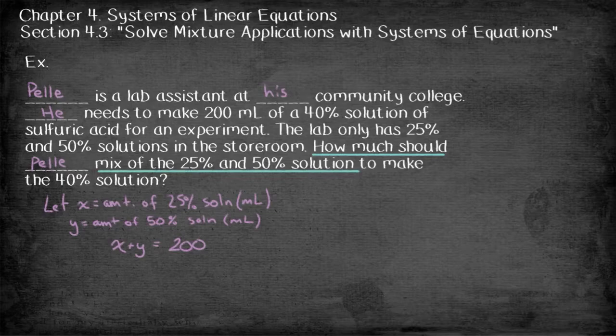But we need a second equation, and if we think for a little bit, we also know the exact number of milliliters of sulfuric acid needed for the experiment, because a 40% solution of 200 milliliters would be 80 milliliters. So we can fit that in.